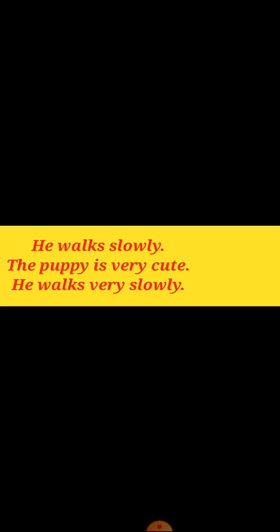In the second sentence, the puppy is very cute. Very describes the adjective cute. So, very is an adverb. He walks very slowly. Here, the word very describes the adverb slowly. So, here, very is an adverb.